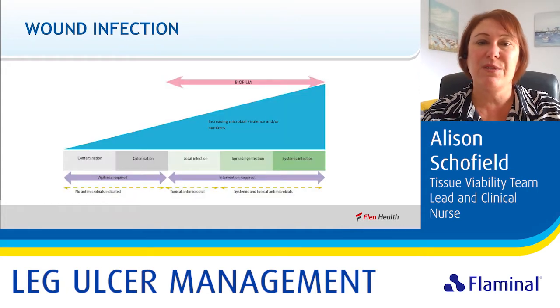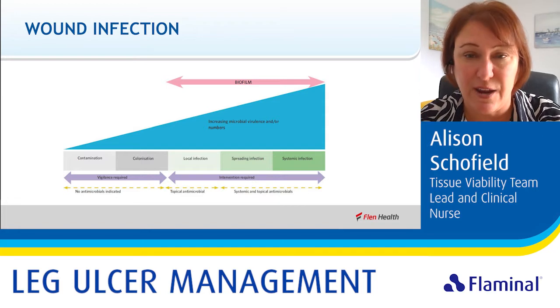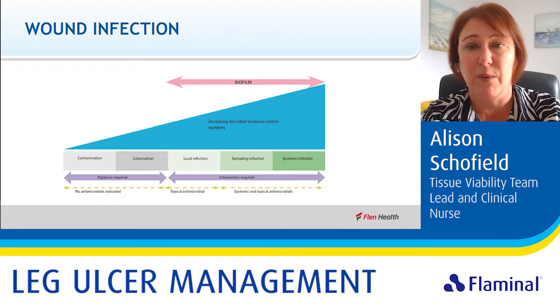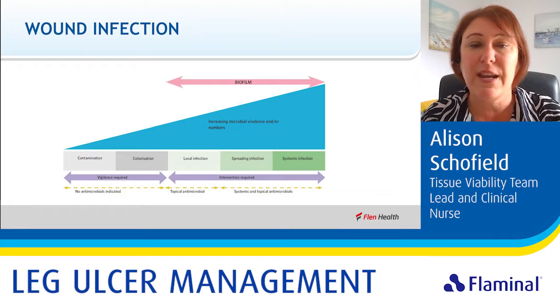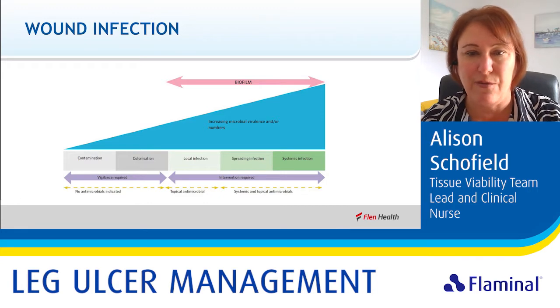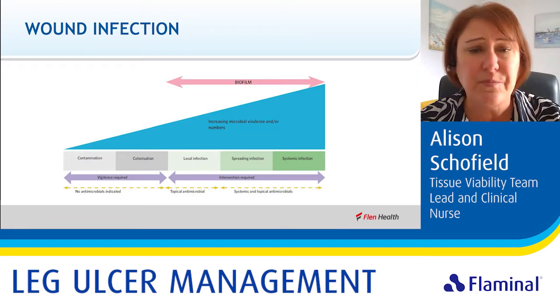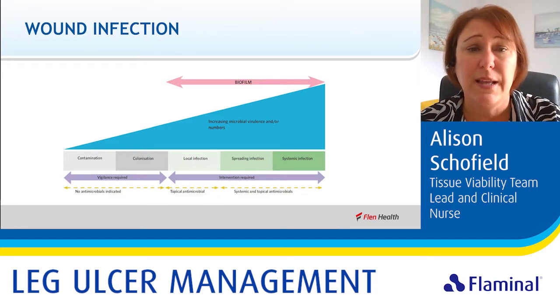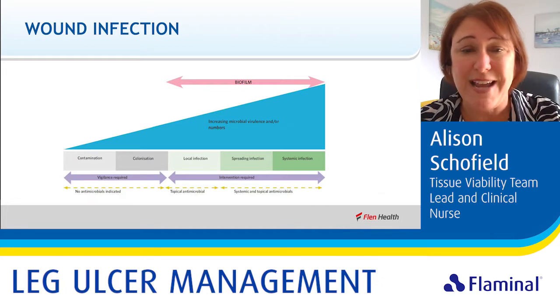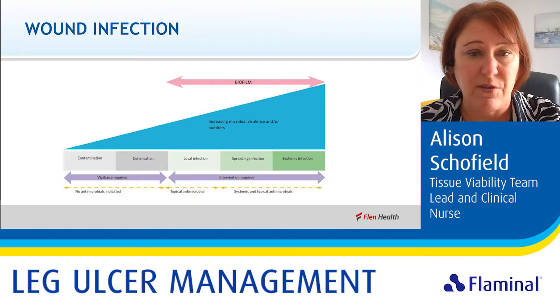So this is the wound infection continuum diagram. This is an international publication, and so we need to be following this around bacteria, biofilm, infection. All wounds have some element of microorganisms within them. If you swabbed every single wound, it will show you that you've got some enteric flora in there.